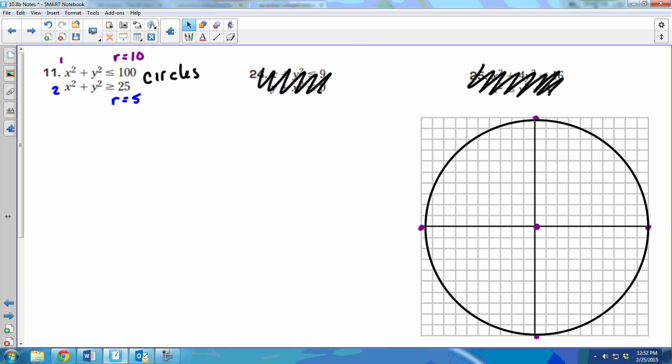Not a square. Same thing as the other one, you count out 5 though. Okay. So I got 2 circles. Agreed?